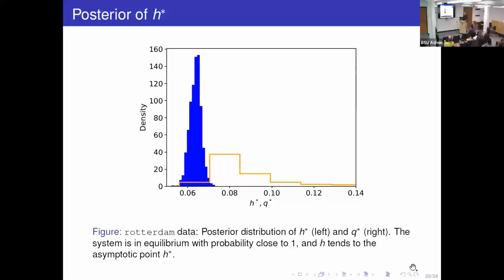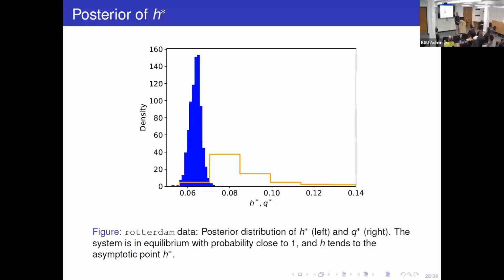Another interesting thing is that the values of H star and Q star, which define the state, whether the hazard function wins, or the response wins, or they stabilize, are simply based on the posterior distribution of these two.